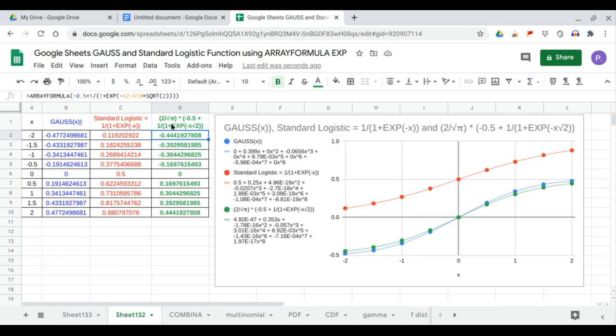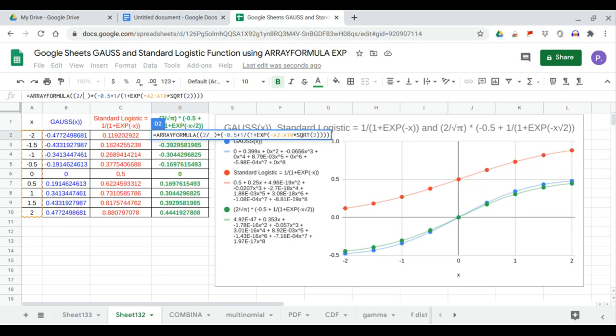We can now factor in 2 over square root of pi. So this will be times, and inside the parenthesis is 2 over square root of pi.